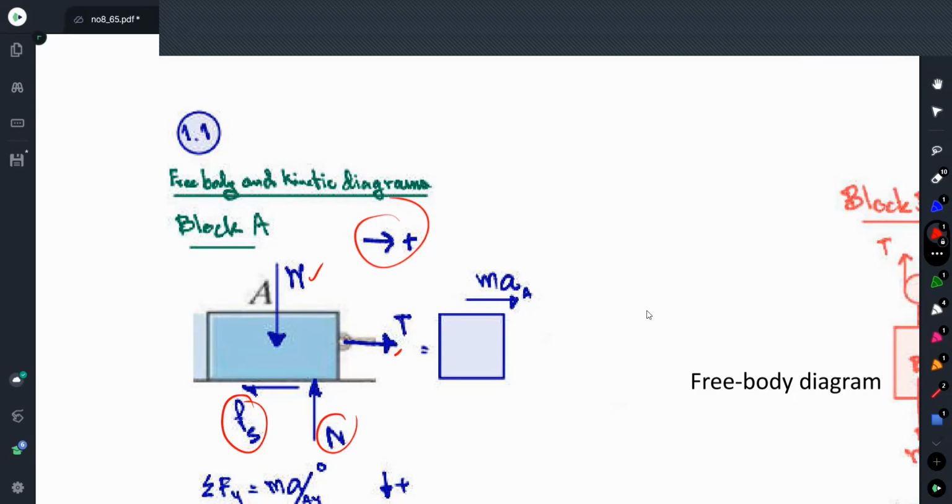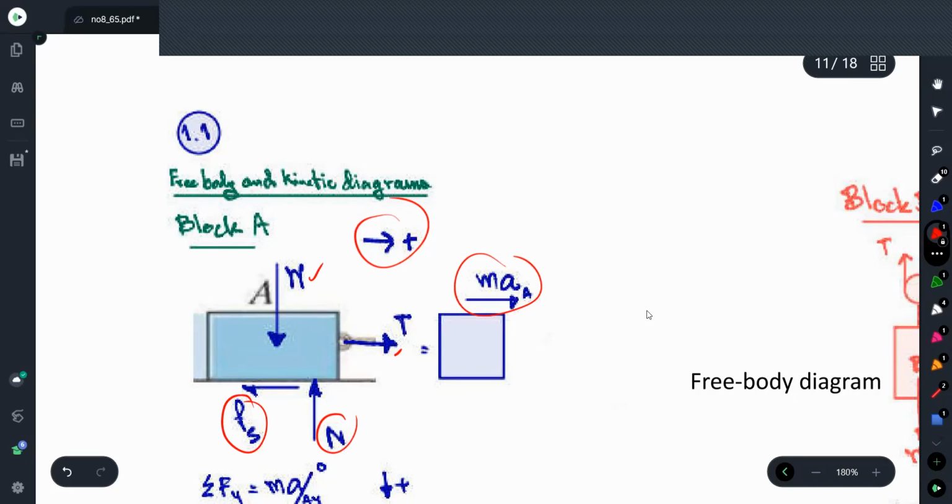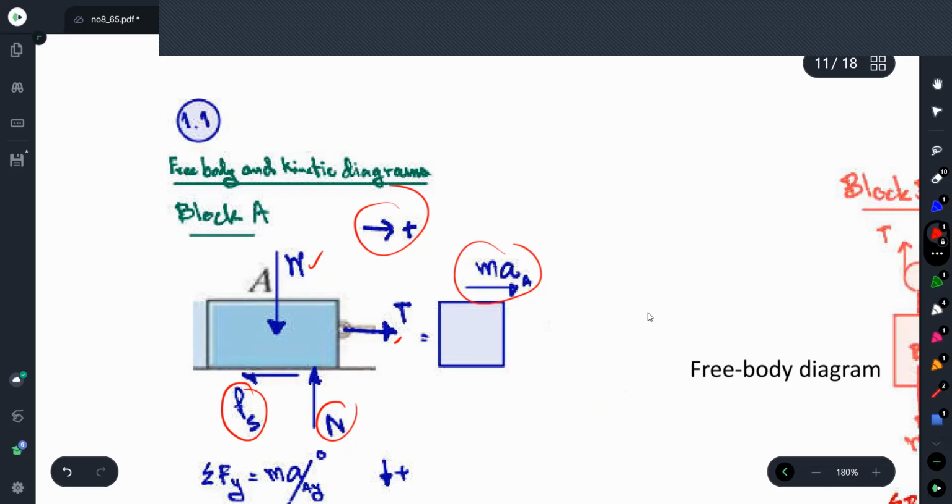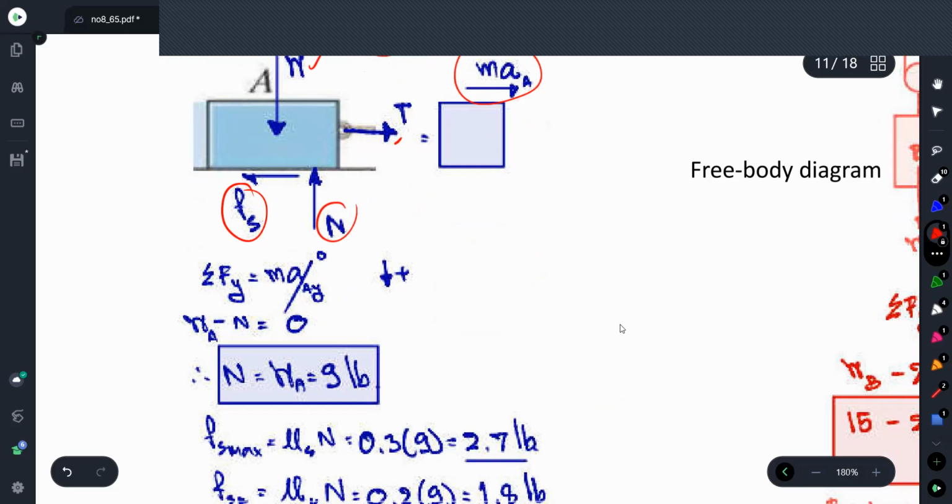And on the right-hand side, this is the kinetic diagram. The kinetic diagram depends on the direction of motion that we set up. For this case, we set to the right as positive, and so ma is to the right. Now we may form the equations of motion.